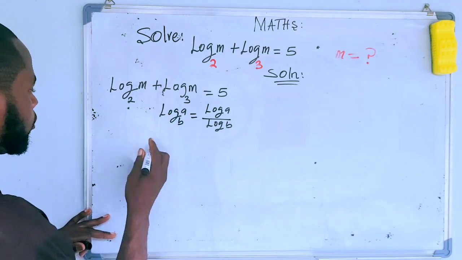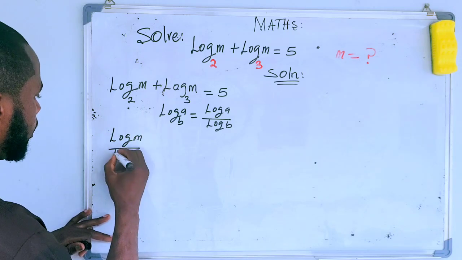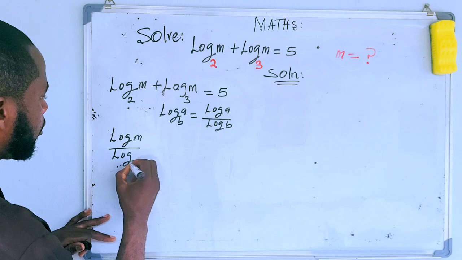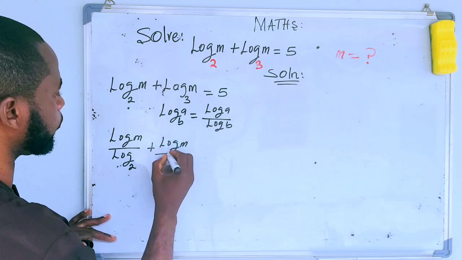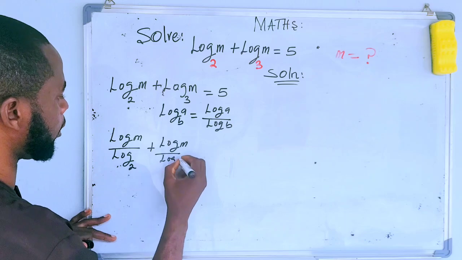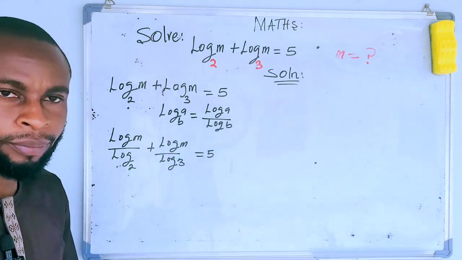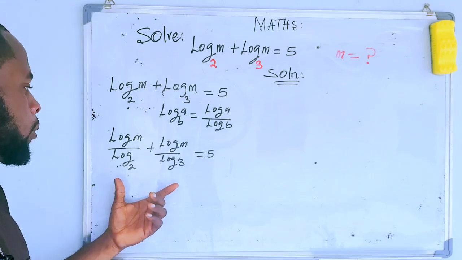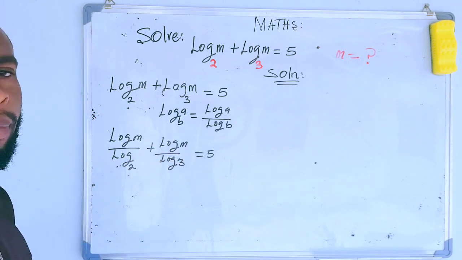Now the equation becomes log m divided by log 2 plus log m divided by log 3 equals 5. The next step is to factor out log m.